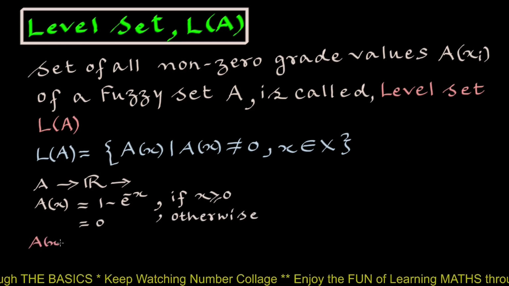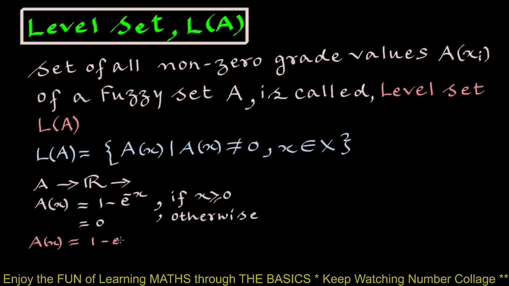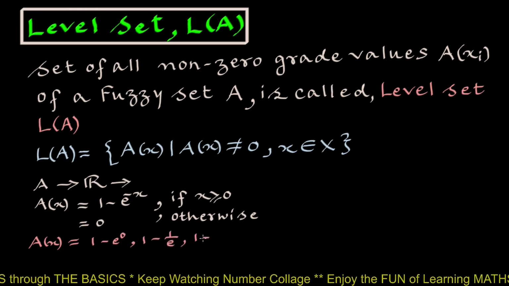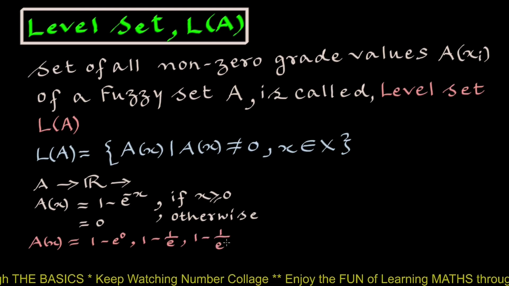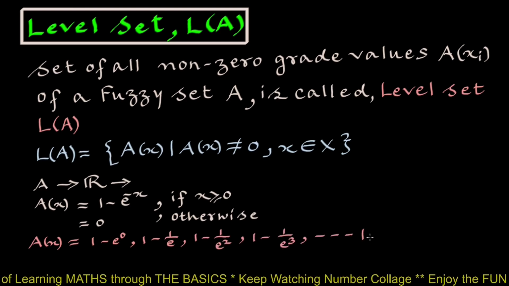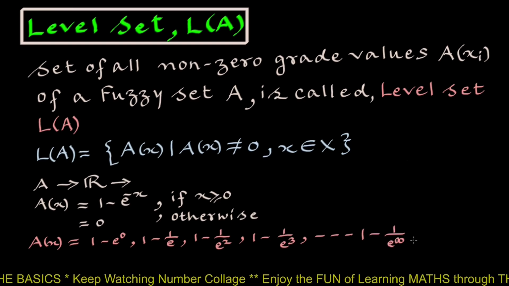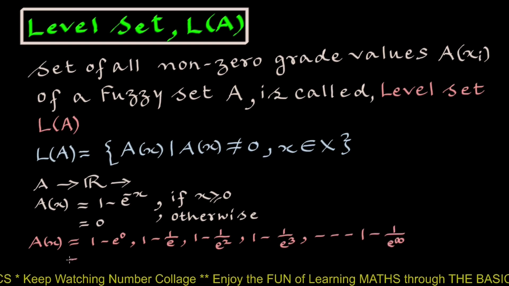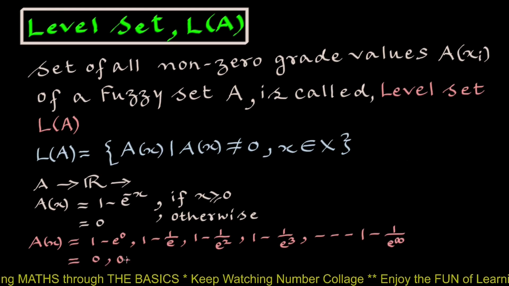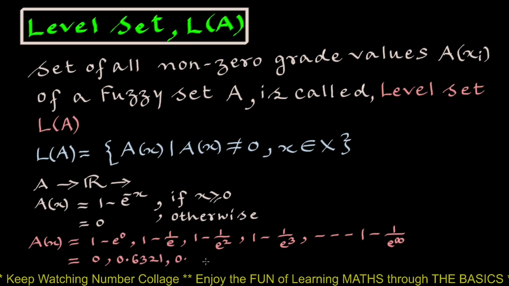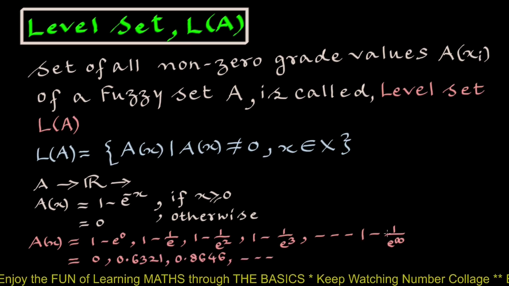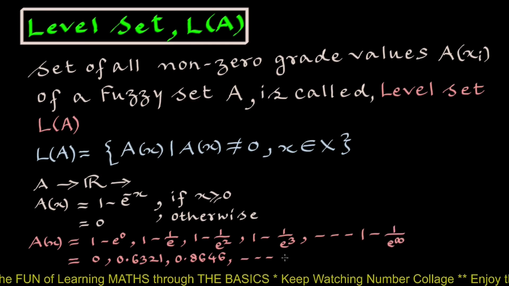Here A of x will be 1 minus e raised to 0, 1 minus 1 upon e, 1 minus 1 upon e square, 1 minus 1 upon e cube, etc. 1 minus 1 upon e raised to infinity, that will be 1 minus 1, 0, 1 minus 1 upon e, 0.6321, 0.8646, etc. 1 minus 1 upon e raised to infinity, 1.